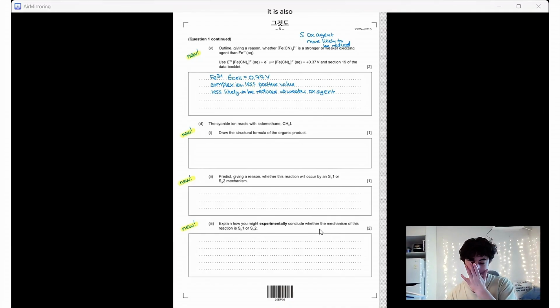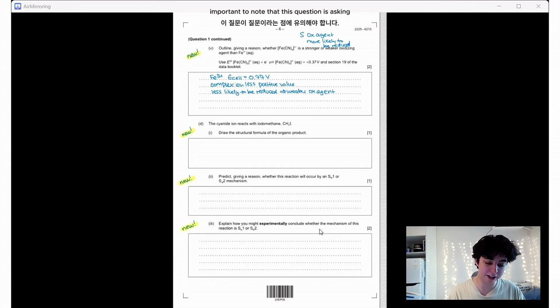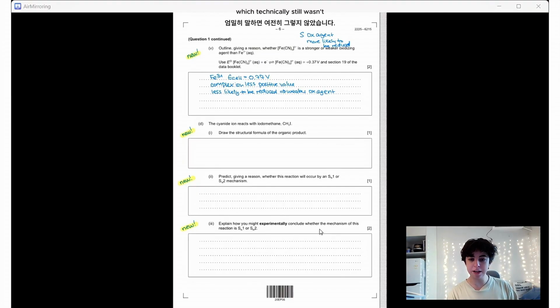It is also important to note that this question is asking specifically whether the complex ion is a stronger or weaker oxidizing agent. If you just said Fe3+ is stronger or weaker, like in this case, I took this myself and I didn't read it as carefully as I should, and I put in my box, oh, Fe3+ is going to be the stronger oxidizing agent, seeing it more as a comparison, which technically still wasn't answering it.